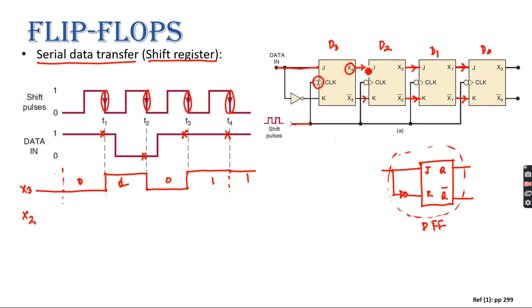X3. As you know, for the D flip-flop, if it remains 0 before the pulse is provided, it will continue on 0 until it gets the first negative edge.